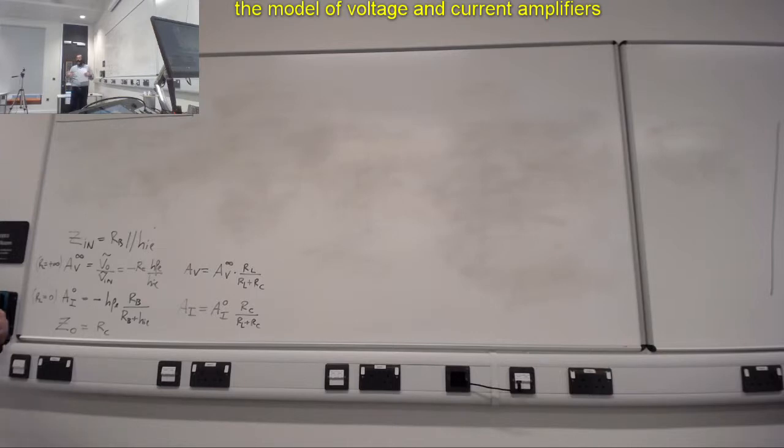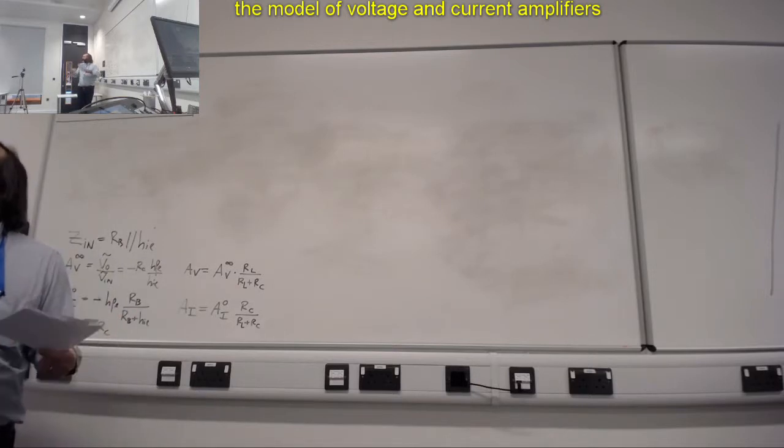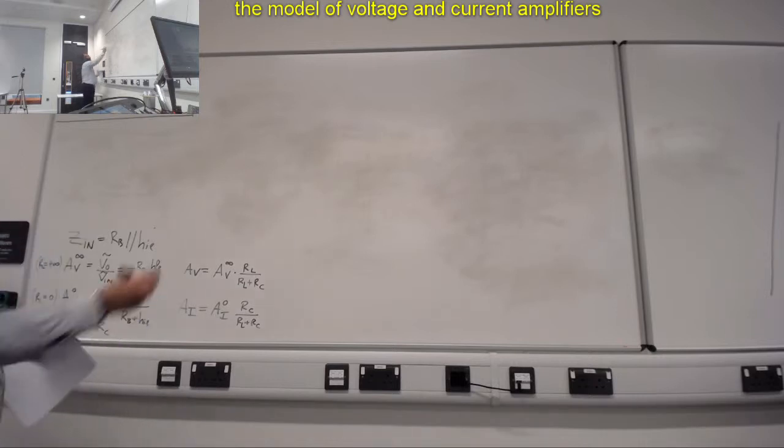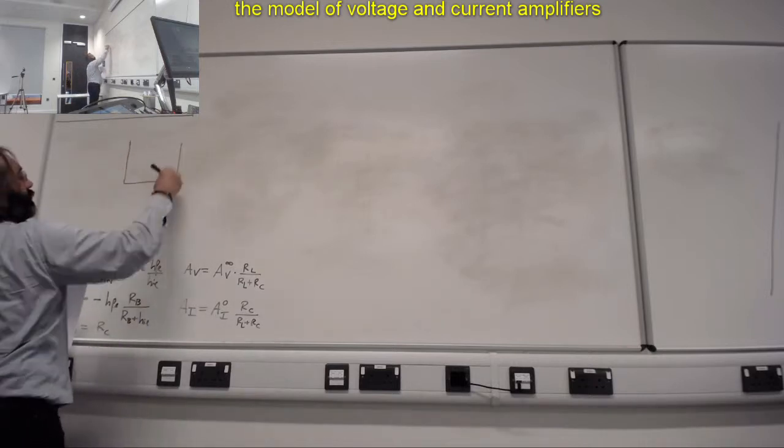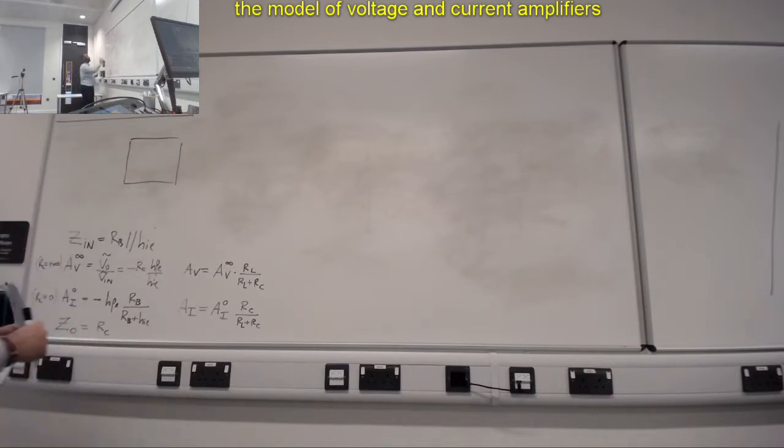How can I represent that in a general model? Let's assume that I want to represent it as a voltage amplifier. I would do this. Black box, I don't care what's inside, I just know the 4 parameters.